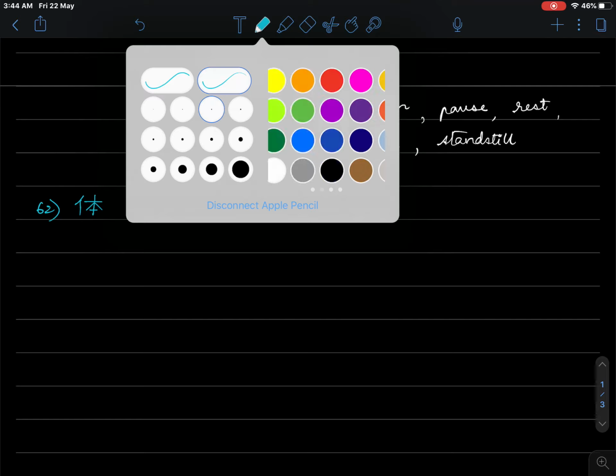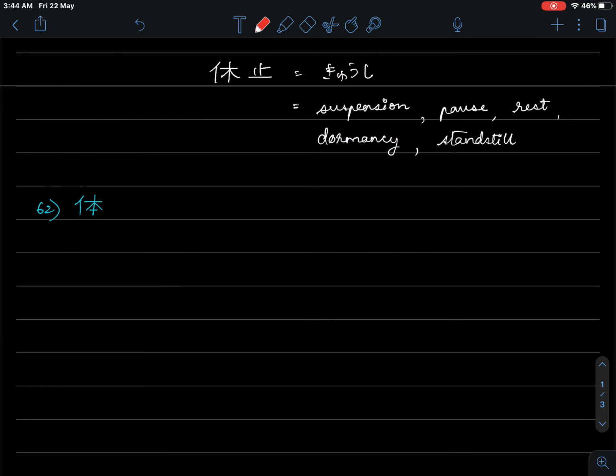Okay, now let's try to memorize what this could be. So again, repeating, this happens to be person, and if you remember your kanjis, this means basis or foundation or origin, those kinds of things. So here you're talking about the origins or the basis of a person.